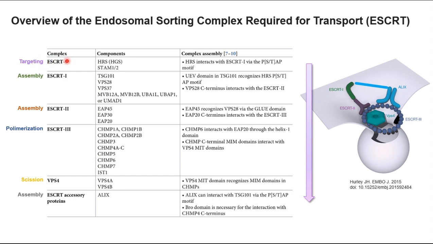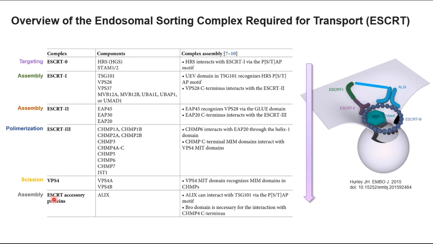These are ESCRT 0, ESCRT 1, and ESCRT 2. This is going to be used to recruit the ESCRT 3 components that form these kinds of filaments surrounding the point of the vesicle where the vesicle is going to undergo excision mediated by this ATPase, which is called VPS4, and this is an accessory protein.